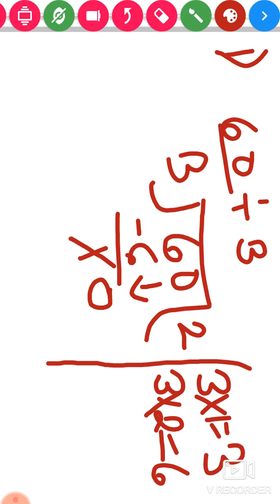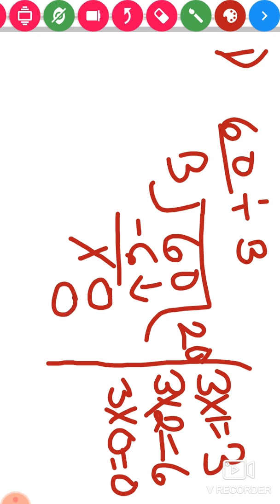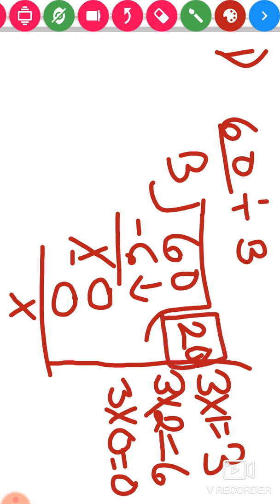This 0 is smaller than 3. We know that 3 zeros are 0, so we will take it 0 times. We will put a 0 up here in the quotient and then subtract 0 from 0 and get a cross here. So our answer is 20.